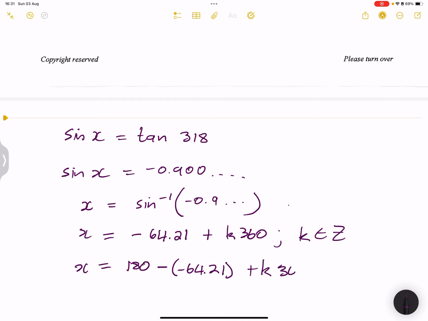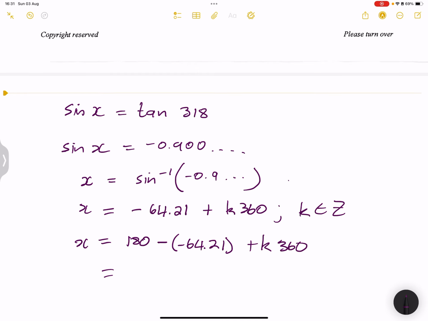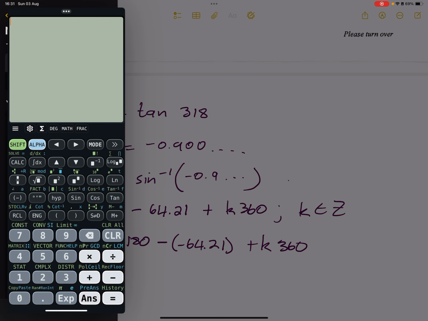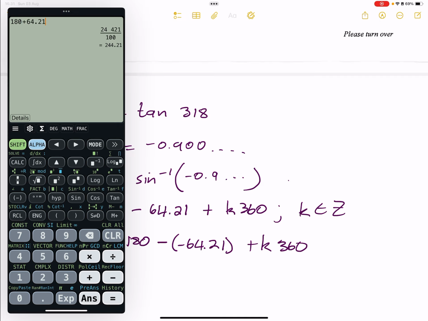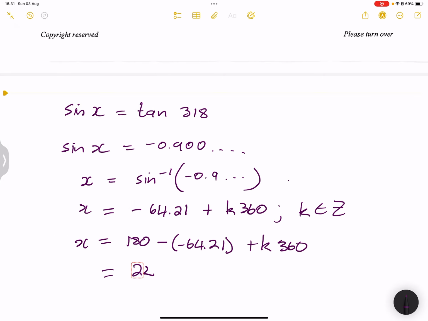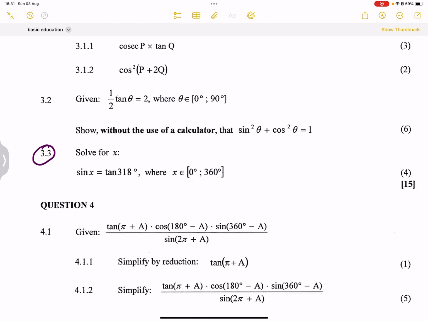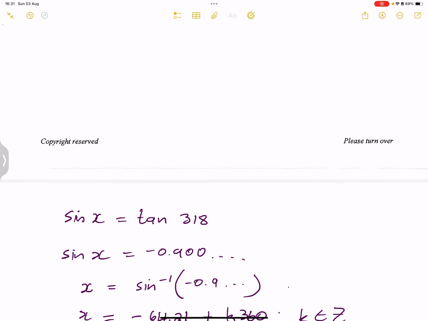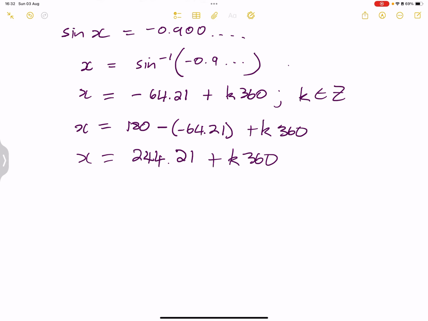So that's 180 plus 64.21, which gives me 244.21, plus k times 360. Now what we just need to do is check. The restriction that we're given is between 0 and 360, so we need to find which angles fall within that.